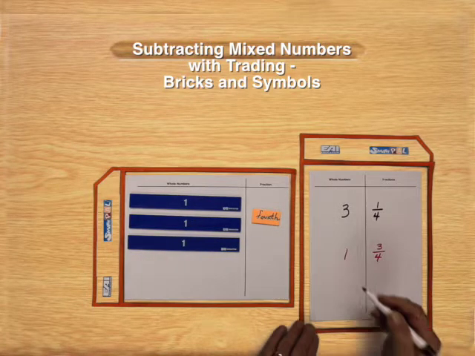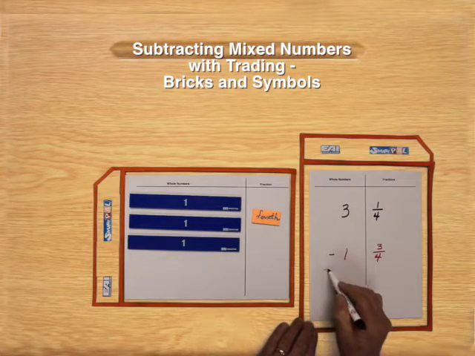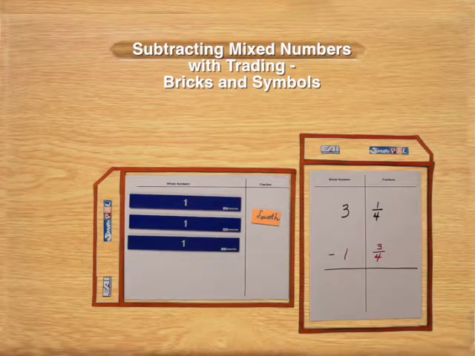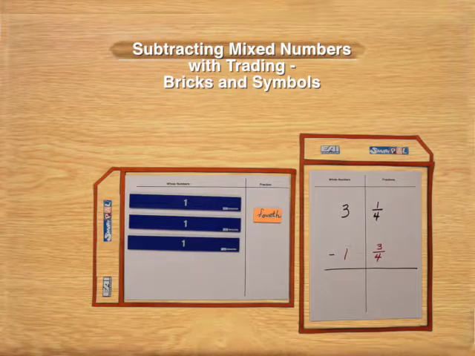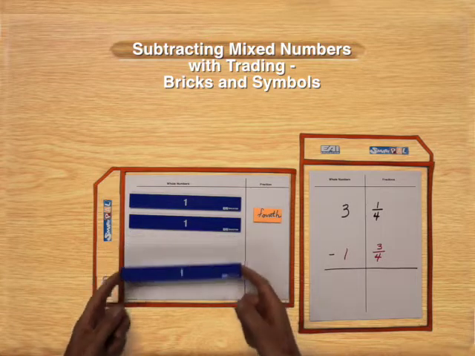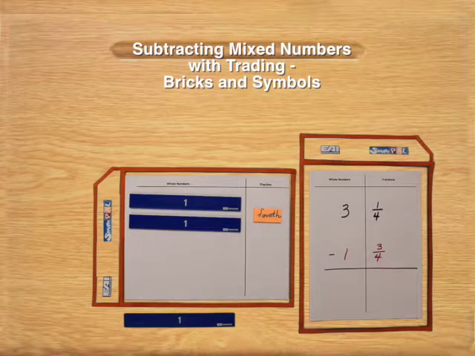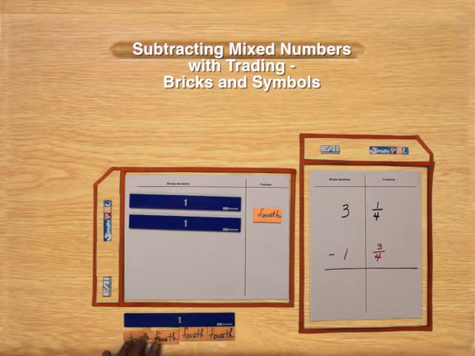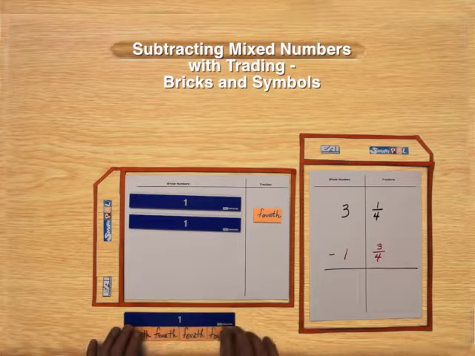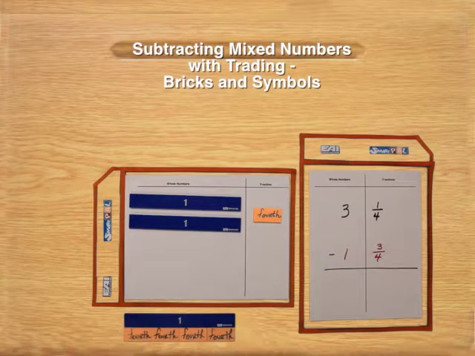So now let's do our subtraction. I want to subtract 3/4, but I only have 1/4. But what I can do is trade one of my 1s for 4/4. And let's record that.